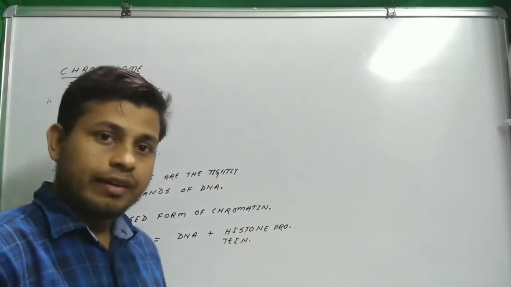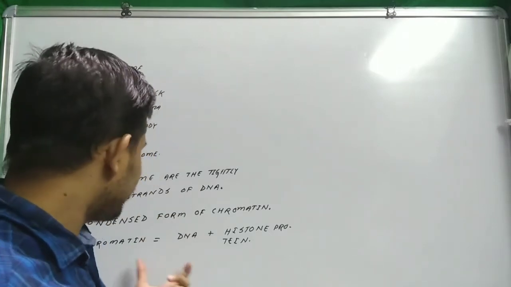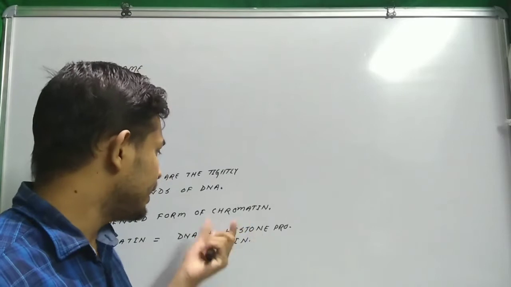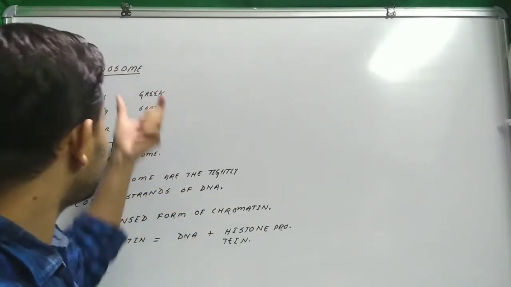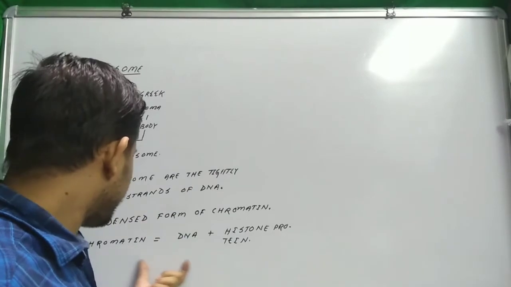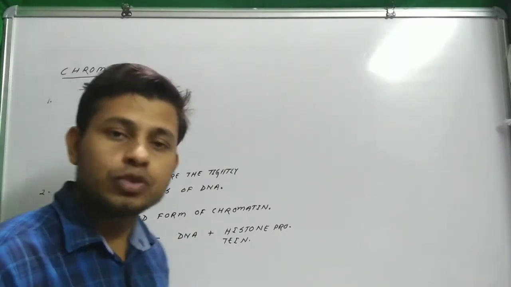You have to know that this point is very important. The condensed form of chromatin is known as what? A chromosome.